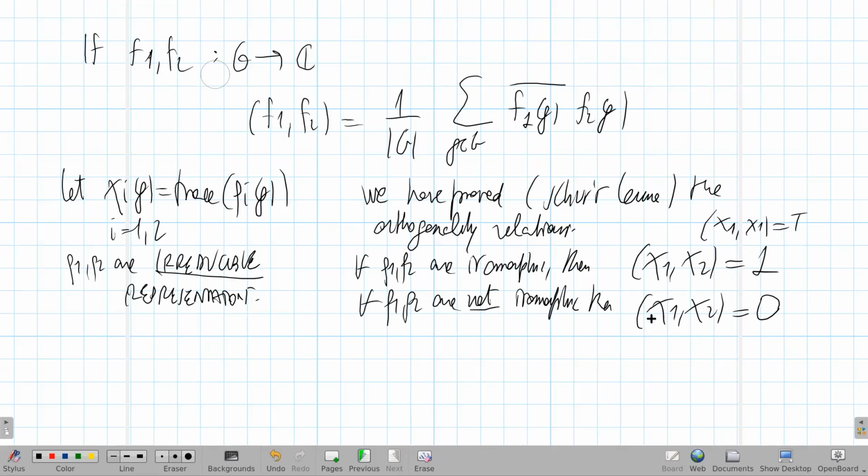But if they are not isomorphic, the inner product is 0, so they are not the same, okay? So we have proved that isomorphic representations correspond to the same characters, and non-isomorphic ones to different characters, which shows that characters are an important simplification, okay?